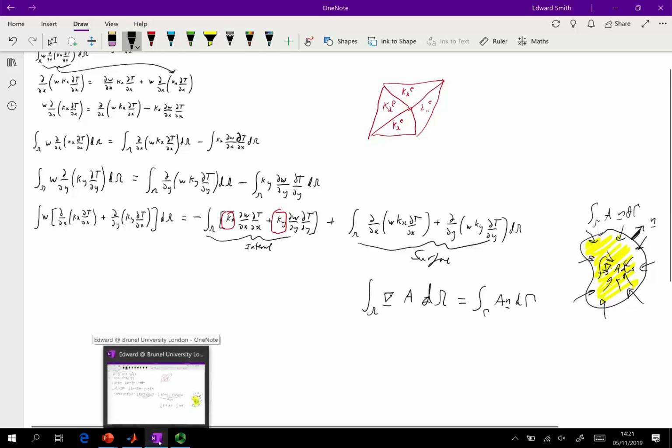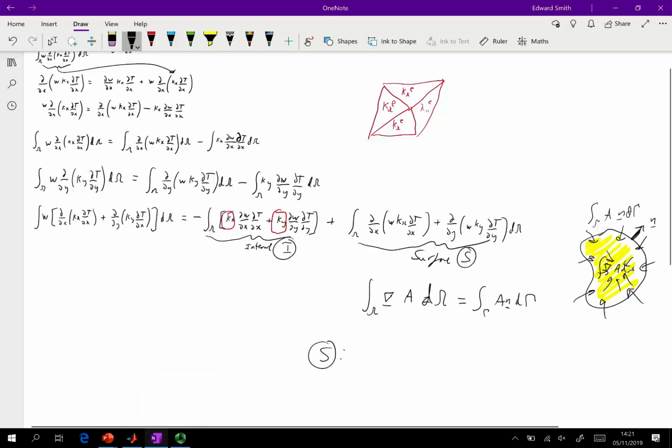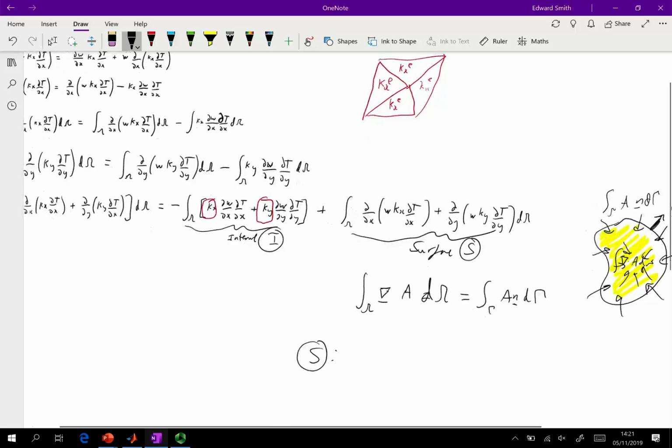Now, essentially what this means is we can rewrite this surface term here, which we'll call term I. So we can show that the surface term here, we can actually rewrite as the integral over the surface of omega kx dt dx times nx, which is the x component, plus omega ky dt dy ny, d gamma.